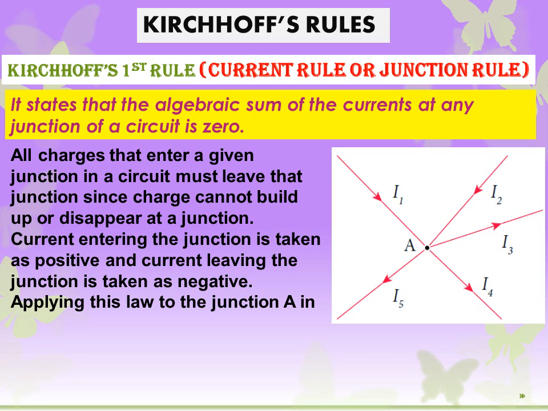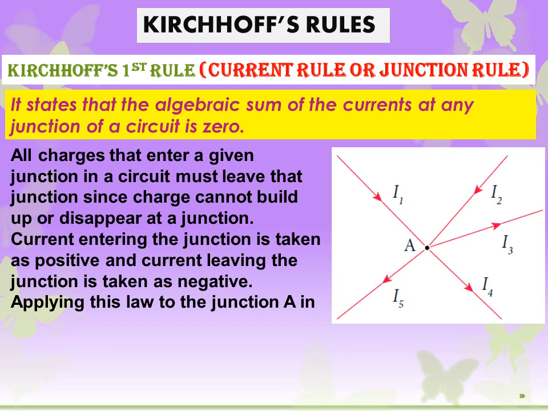That is the algebraic sum. All together, the five or six connections are totaled, and they are called the algebraic sum of the currents at any junction. The algebraic sum of the currents at a junction of a circuit is 0. Let me give some examples.